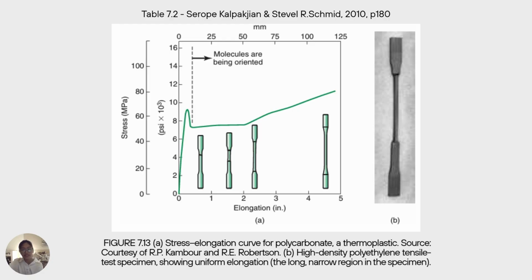In metals, necking typically localizes and leads to immediate fracture, but in polymers, the neck can propagate along the specimen's length as the material continues to deform. This behavior demonstrates how plastic flow and chain orientation distribute deformation over a larger region. This combination of neck formation and molecular arrangement gives thermoplastics their characteristic ductility, allowing them to absorb large amounts of energy before breaking.